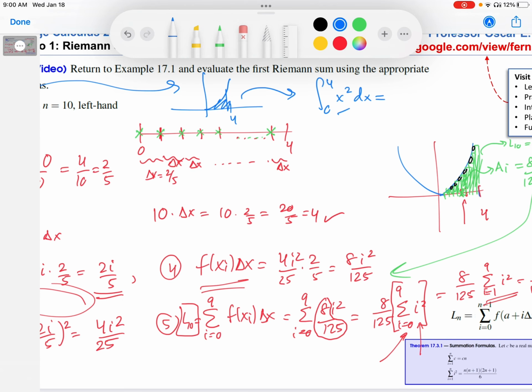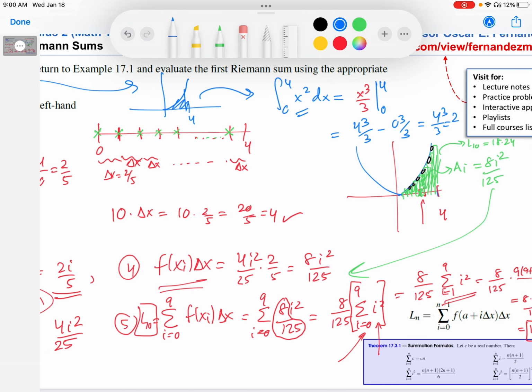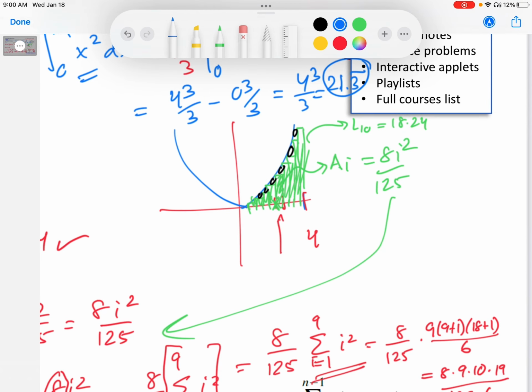We find an antiderivative of x squared, one of which is x cubed over 3, and we use the evaluation theorem. We evaluate this from 0 to 4. So that's 4 cubed over 3 minus 0 cubed over 3. So 4 cubed over 3 ends up being 21.3, repeating decimal.